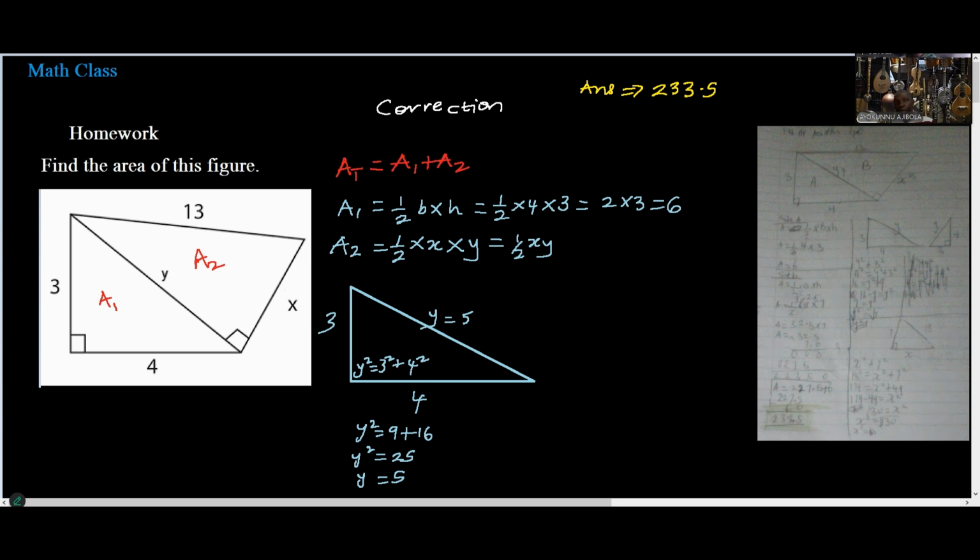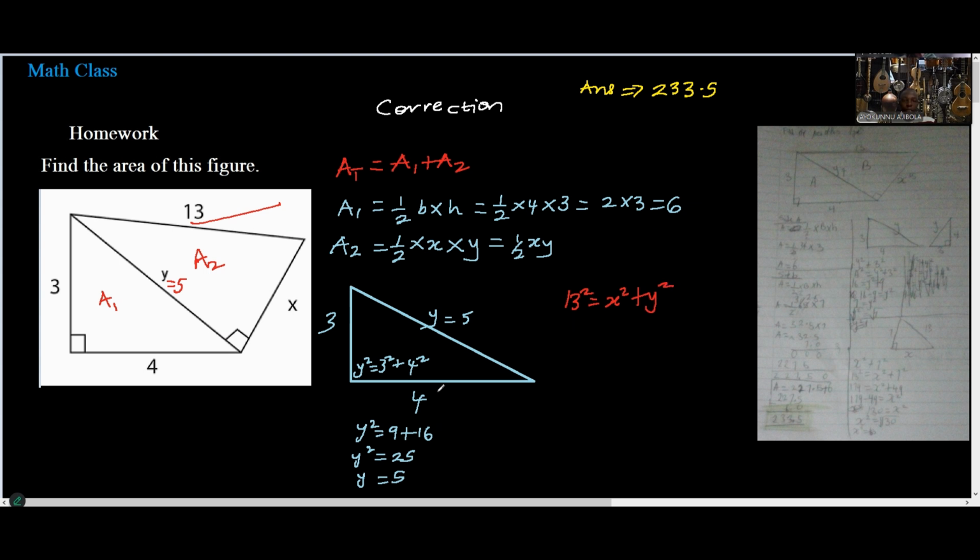So y equals 5, but we don't know the value of x yet. We can use the same Pythagoras theorem to find x because you can say hypotenuse squared equals the sum of the squares of the other two sides, by saying that 13 squared equals x squared plus y squared.